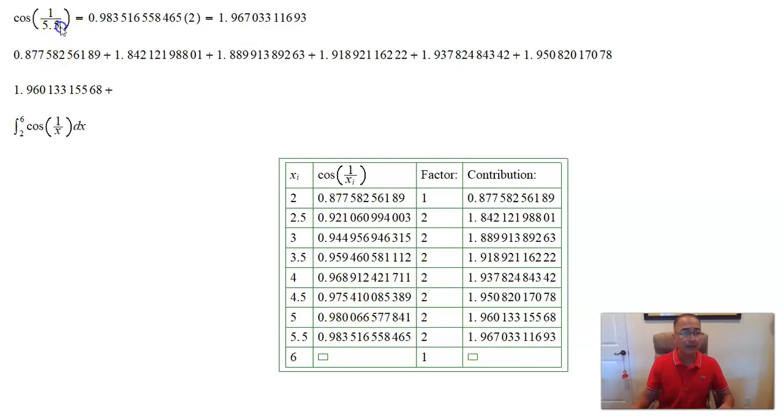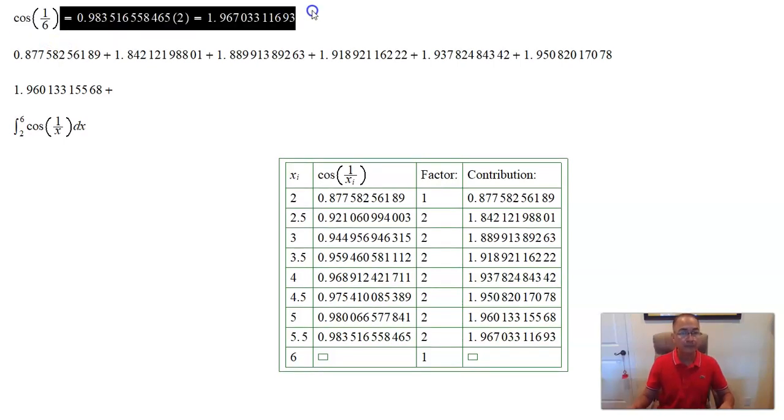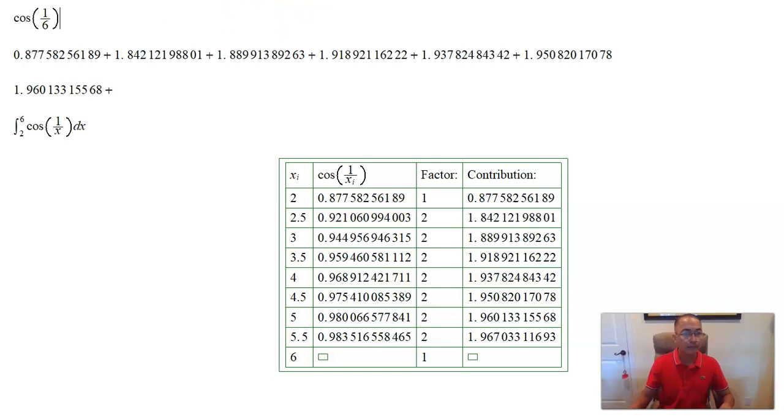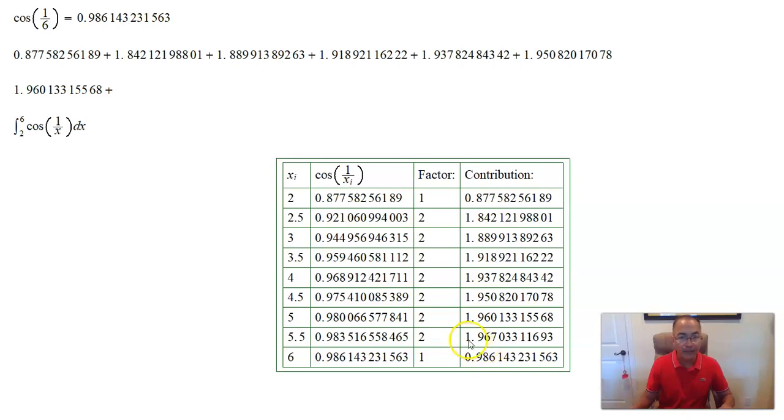Last one. 6. And we don't do anything. And you're saying you left out one of them. Yeah, here we go. Left this one out.